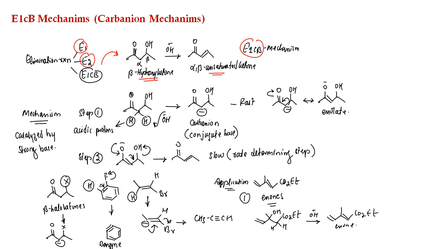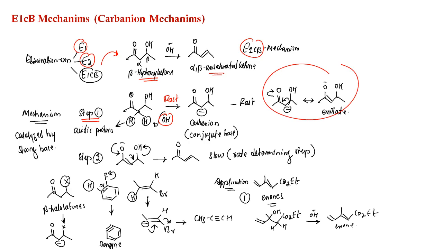Basically the mechanism is a two-step process. The first step is first, in which a base abstracts a proton for giving a carbanion or conjugate base. This carbanion is resonance stabilized. Here we have shown a resonance stabilization of the carbanion.